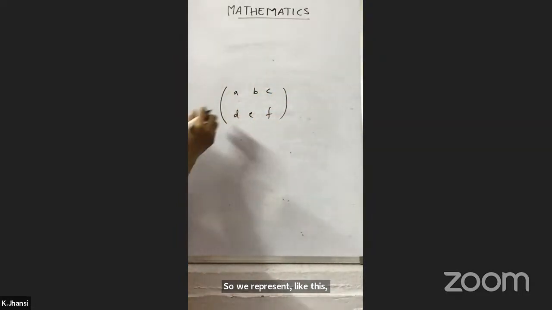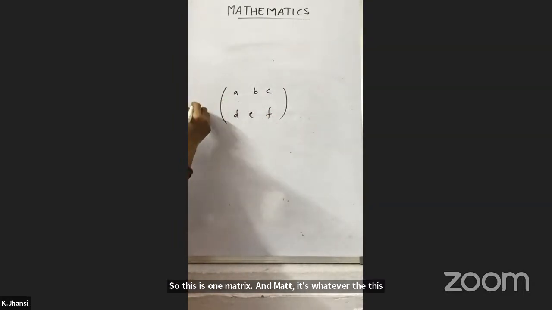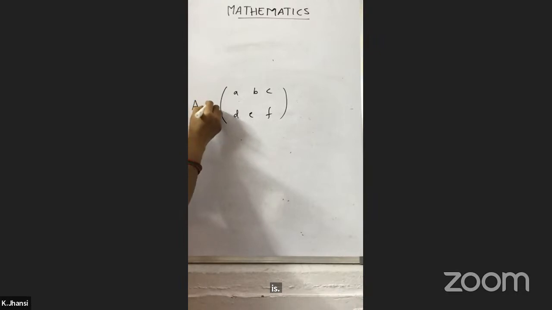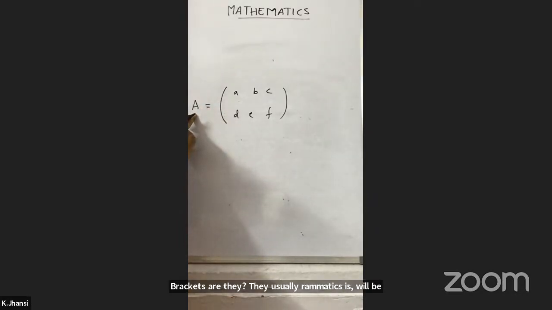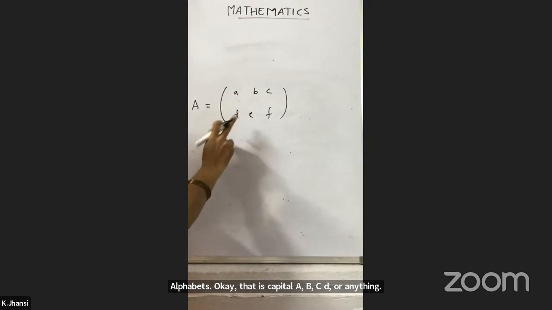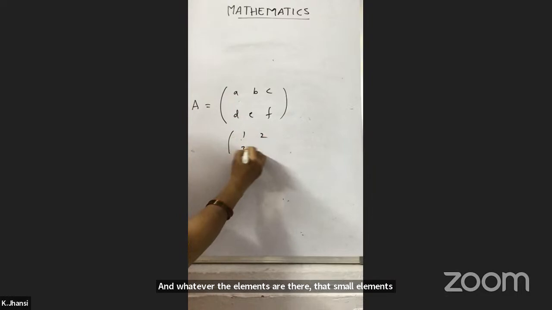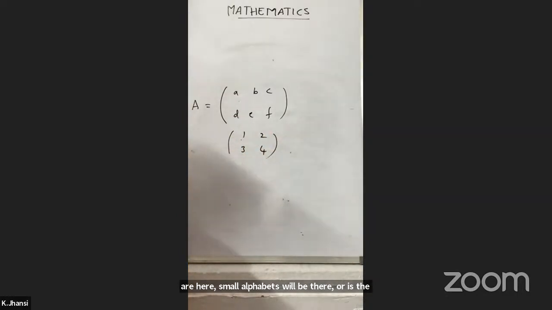Okay. So this is one matrix, and whatever these brackets are there, usually a matrix will be represented with the help of capital alphabets. Okay. That is capital A, B, C, D or anything. Okay. And whatever the elements are there, those small elements will be small alphabets, or else the numbers 1, 2, like this 4. Okay.